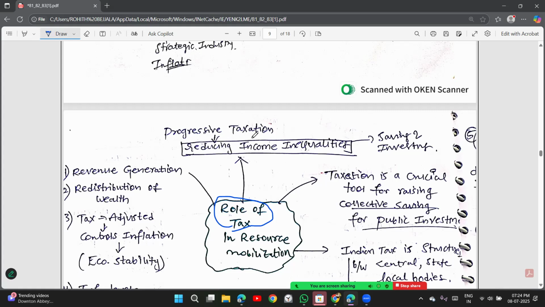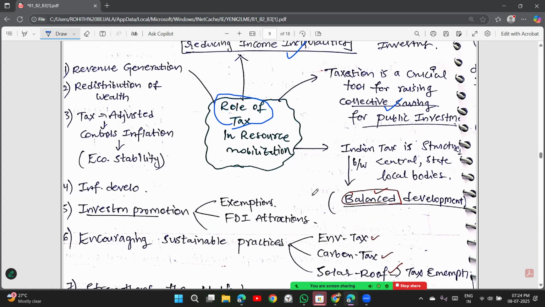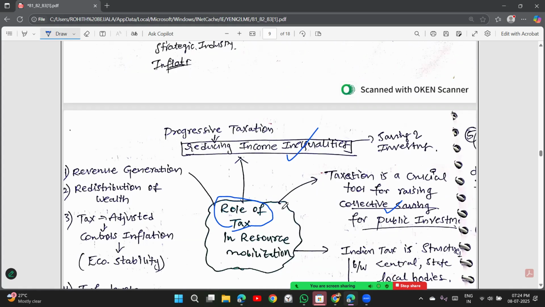So it will eventually reduce income inequalities, and also taxation is very crucial for raising collective saving. And also Indian tax is structured as center, state, and local bodies. So that tax distribution is there.